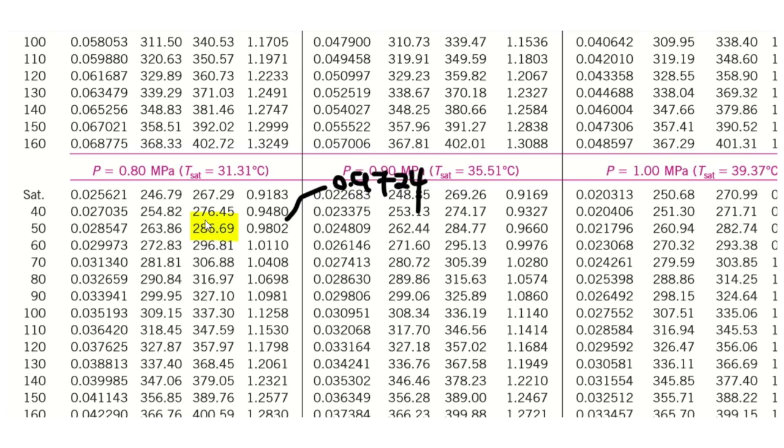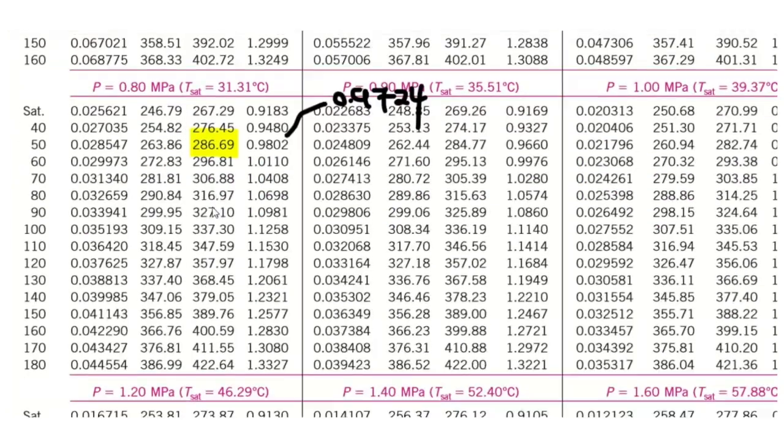The one that we want is the H value, which is in between 276.45 and 286.69. So you need to do interpolation. I believe you know how to do interpolation.